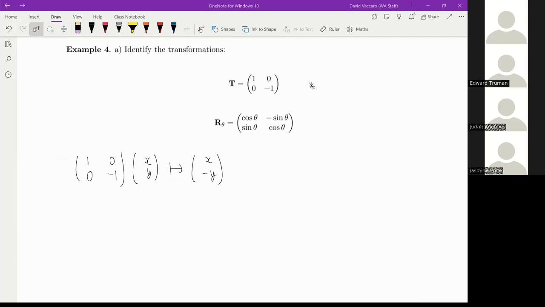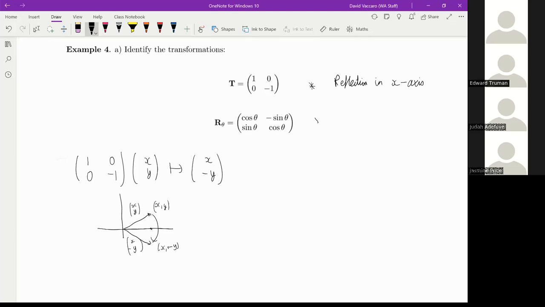Reflection in the x-axis is a suggestion. Well, it takes the point (x, y) and flips the sign of the y component to (x, -y). We should really do it with column vectors. So T is reflection in the x-axis.